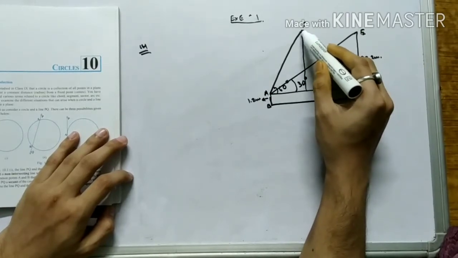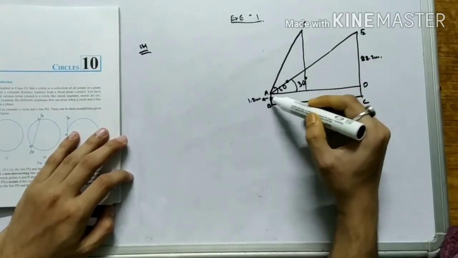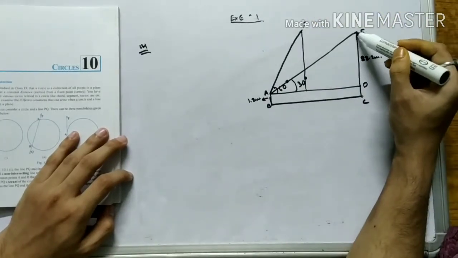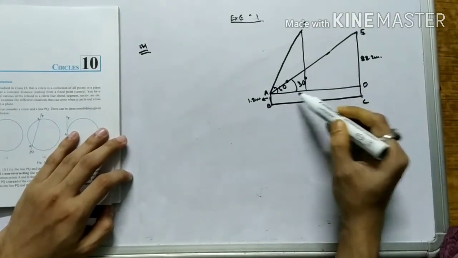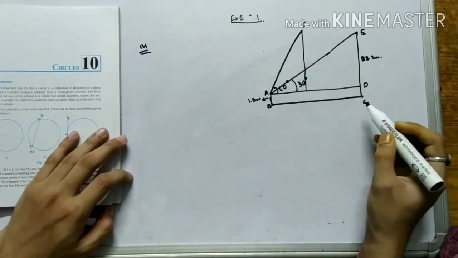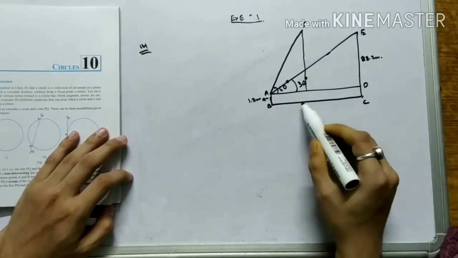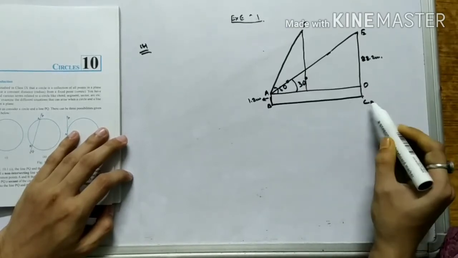When the balloon was at point F, the angle of elevation was 60 degree, and when the balloon reached point E, the angle of elevation became 30 degree. Find the distance traveled by the balloon during the time interval.